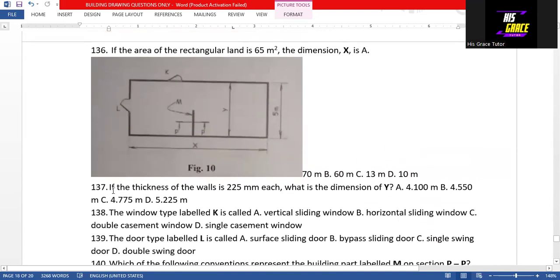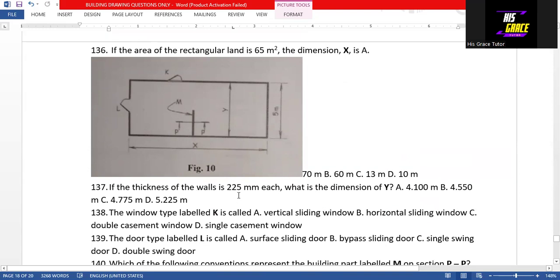Question 137 says, if the thickness of the wall is 225 millimeters each, what is dimension Y? Here we have 225 millimeters, times 2.